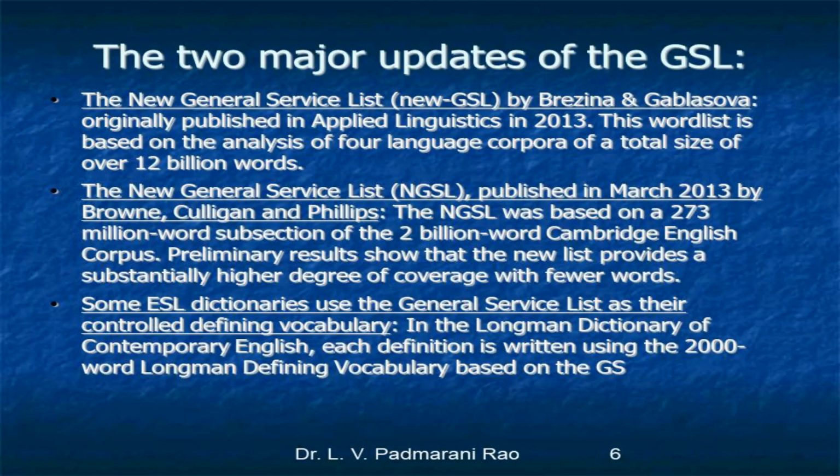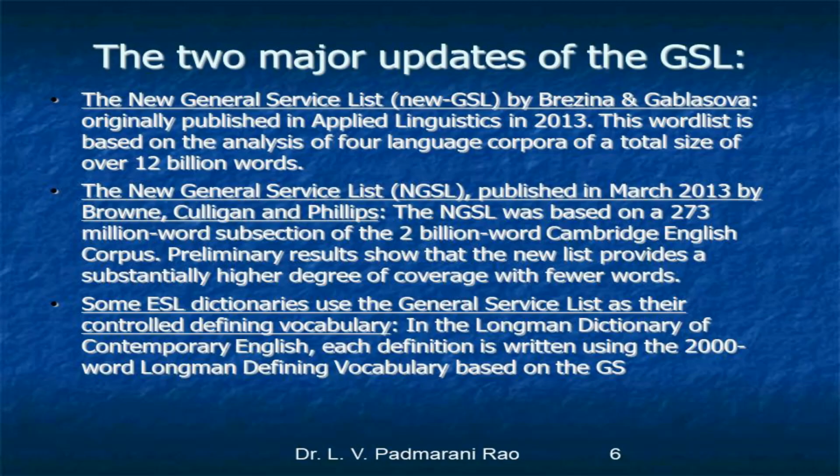There are two major updates of the GSL ever since it was published in 1953. The new General Service List, the new GSL by Brezina and Gablasova, originally published in Applied Linguistics in 2013, is quite important as the first update. This word list is based on the analysis of 4 language corpora of a total size of over 12 billion words.